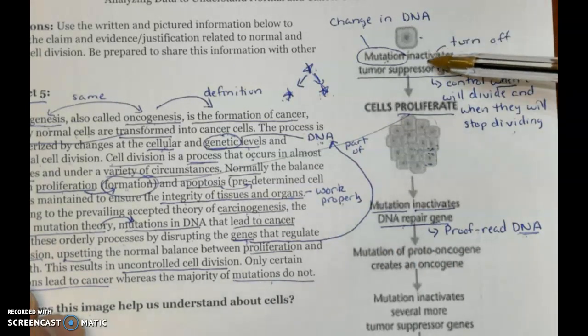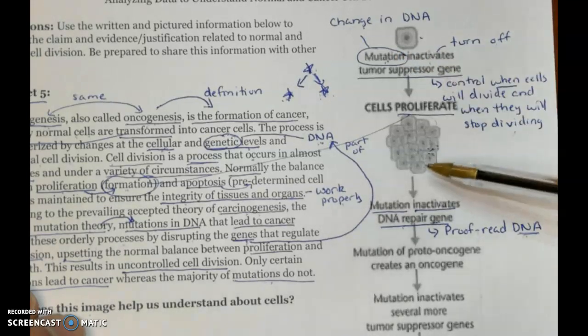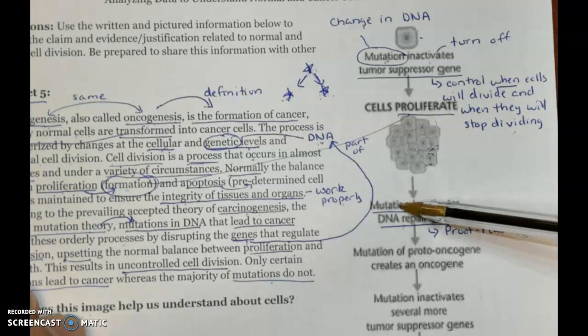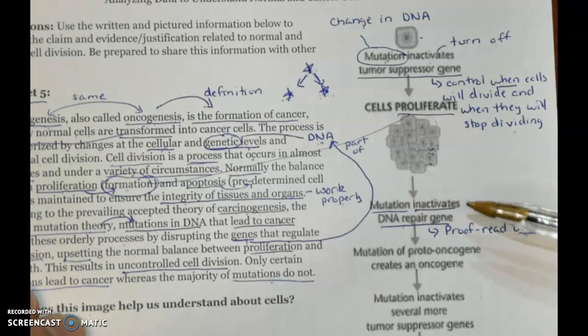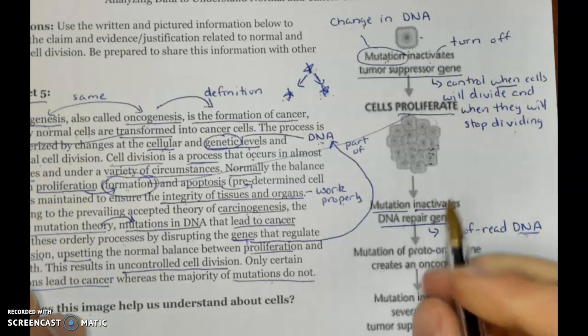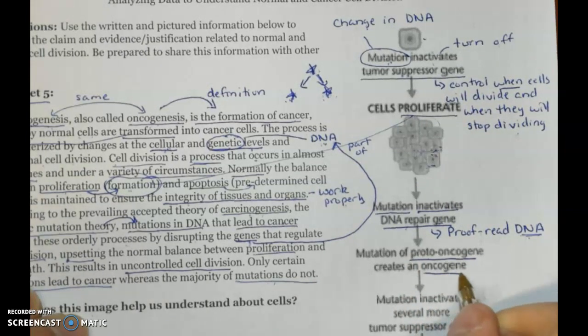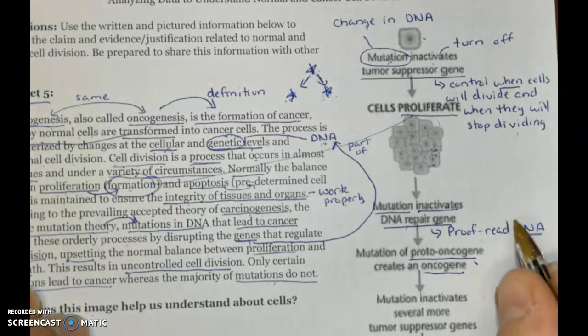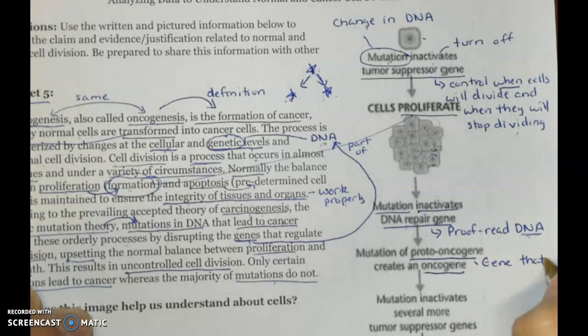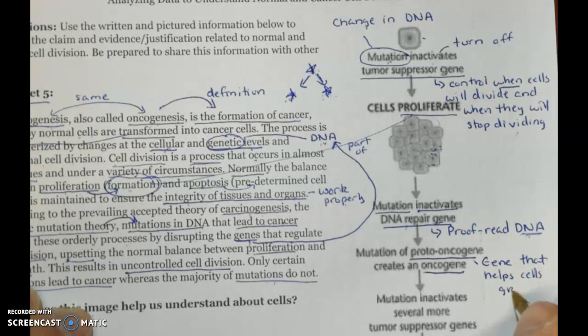So, if a cell has experienced a change in the DNA that turns off tumor suppressor genes, and then experienced second mutations or changes in DNA that turn off DNA repair genes, then we have changes in proto-oncogenes forming what are known as oncogenes. A proto-oncogene is a gene or a section of DNA that helps cells grow.